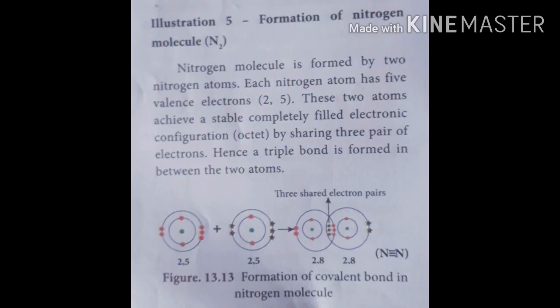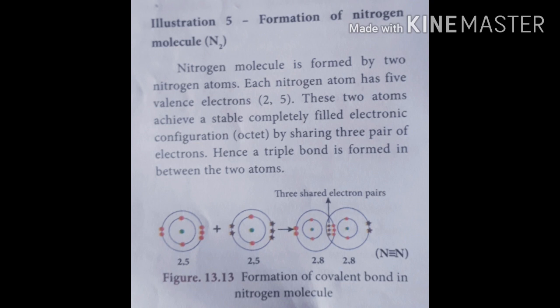And the last one is an illustration of the nitrogen molecule. As I already told you, nitrogen is also a diatomic molecule, which contains 2 nitrogen atoms. The electronic configuration of nitrogen is 2, 5, in which the first shell consists of 2 electrons and the second shell consists of 5 electrons.